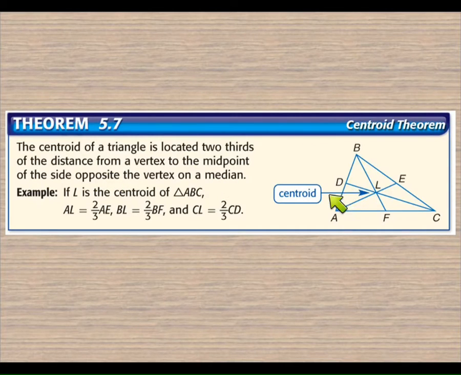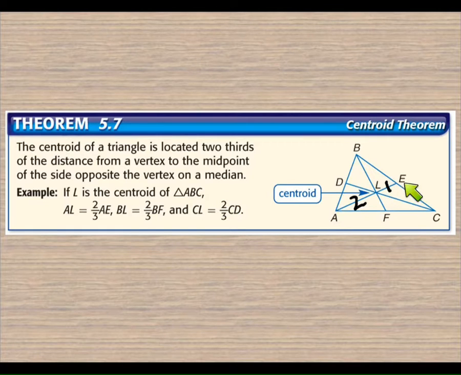So what that means, like for example, let's just look at this median AE. That's a median, okay? From A to L, from the vertex to the centroid, is equal to 2/3 of the whole thing, which means LE is 1/3 of it, right? So for example, if this was 2, this would be 1, right?